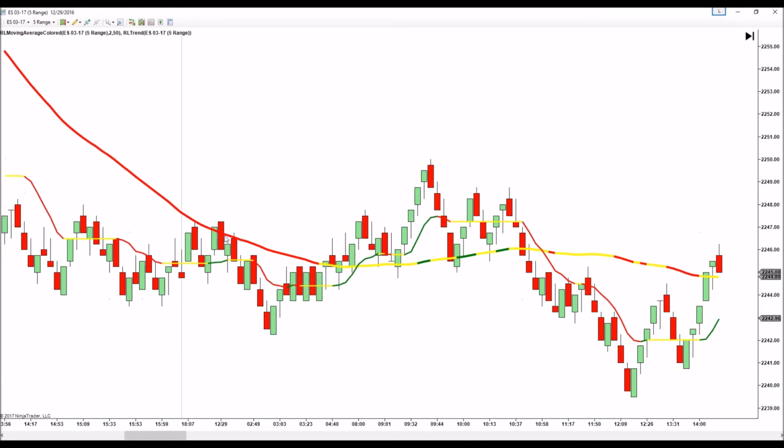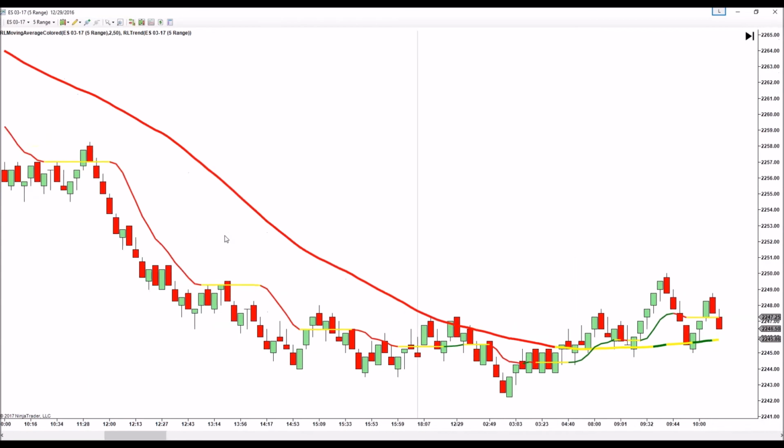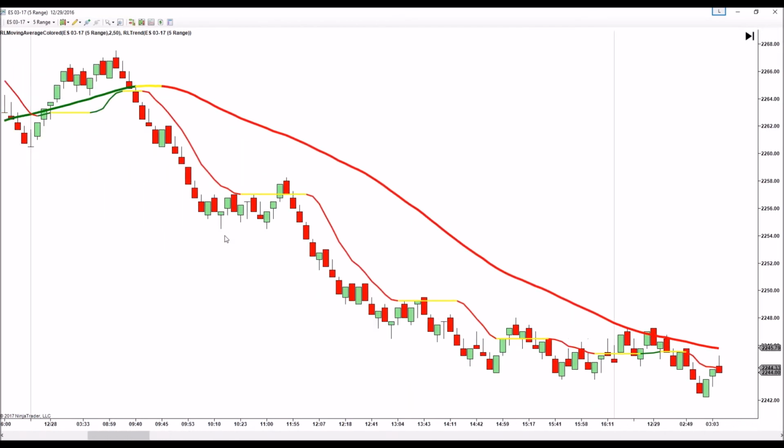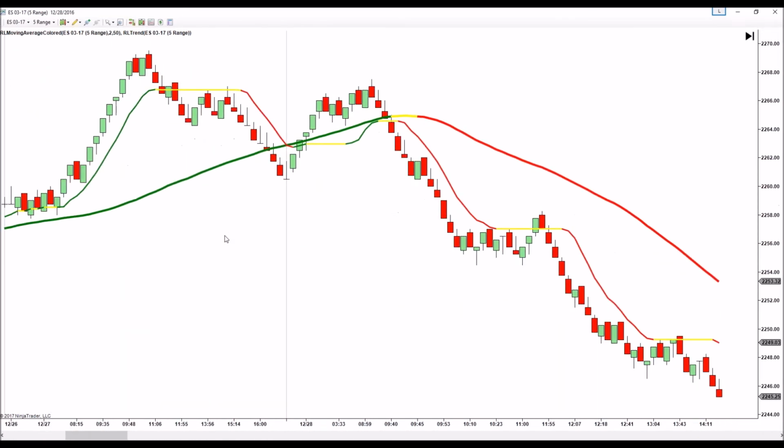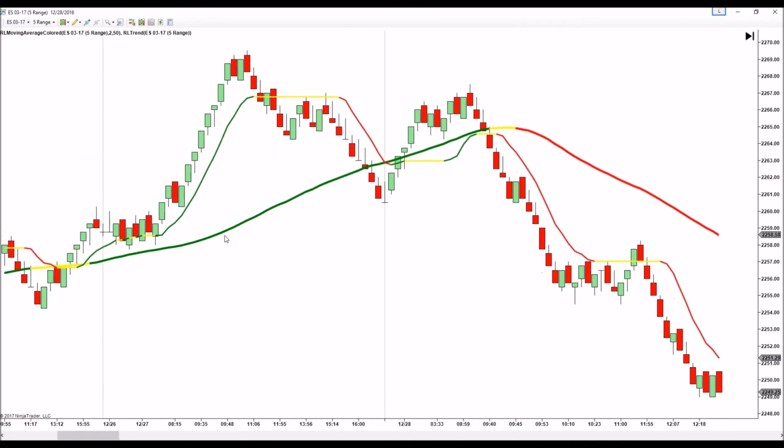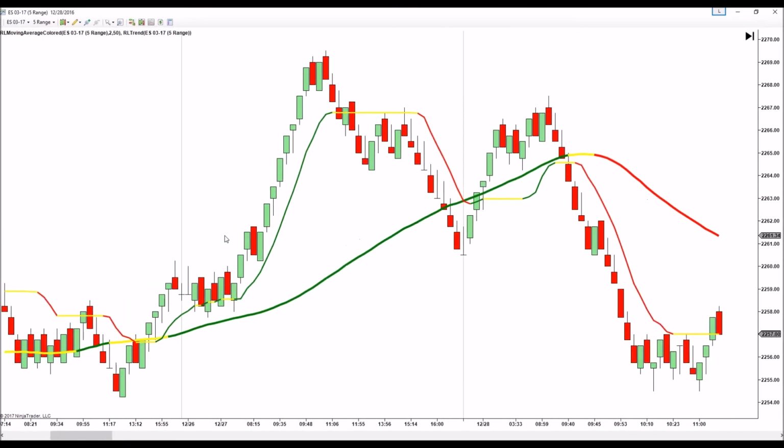So watching the channels is as important as watching consolidation. It's just a harder configuration to spot unless you're sitting and staring at the chart. And here's another one. Here's 1, 2, 3 higher lows and 3 higher highs.